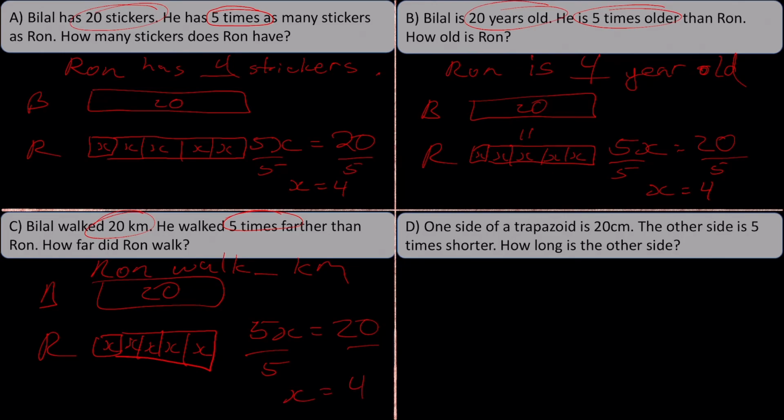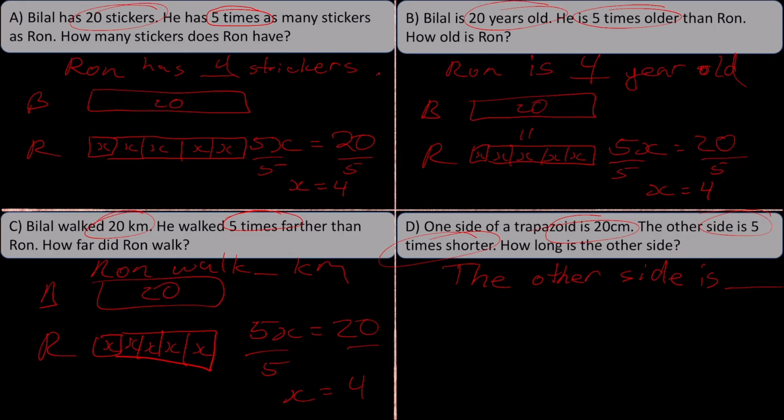And one side of a trapezoid is 20 centimeters. The other side is 5 times shorter. So how long is the other side? The other side of the trapezoid is blank.